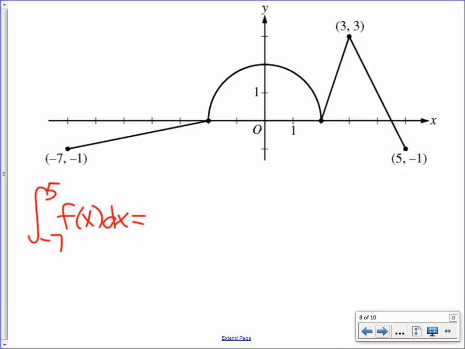First of all, I would break up the integral. Break up from -7 to -2, and then -2 to 2, and so on.